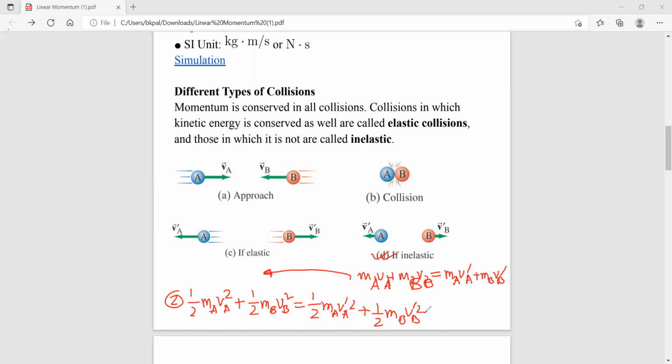This is the conservation of kinetic energy. So for elastic collision, we have two conditions: conservation of momentum and conservation of kinetic energy. For inelastic collision, we have only one condition, the conservation of momentum.